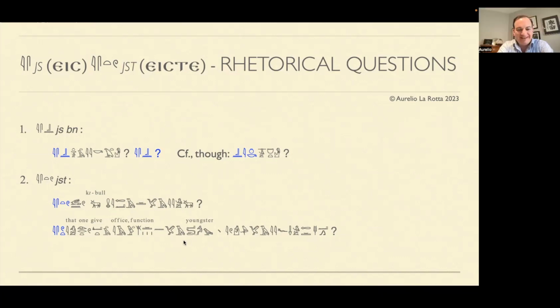Perfect. Aha. Is it that one will give the office to the youngster, while Seth, his older brother, stands? Right. Stands like in parentheses right here, or is present or something. But yeah, exactly.